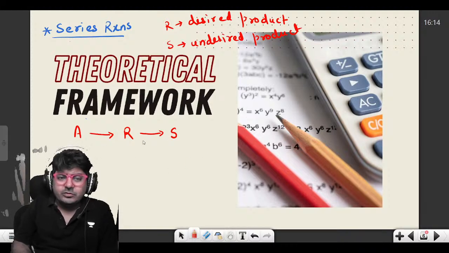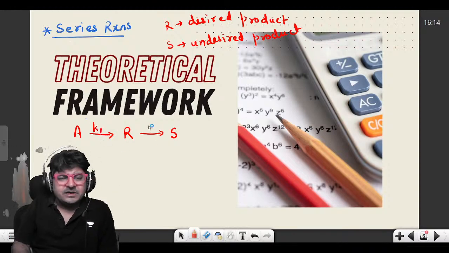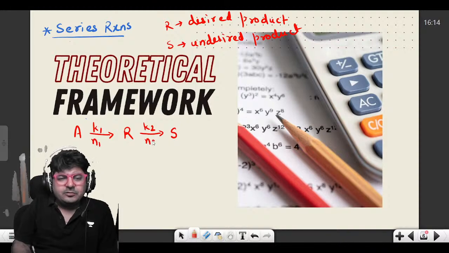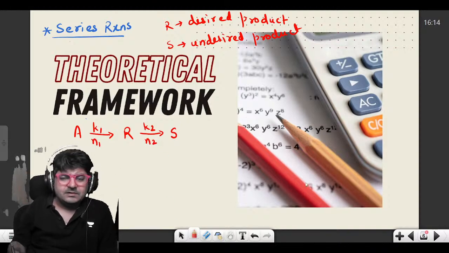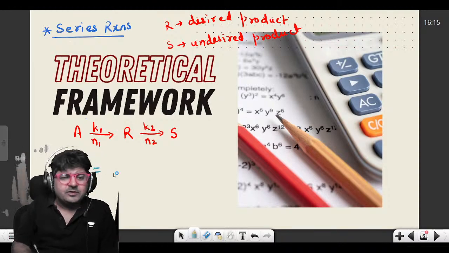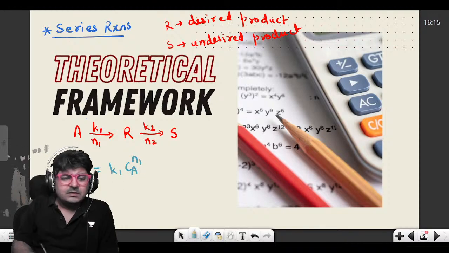So here you can see two reaction steps are there. For the first reaction step, let's say the rate constant is K1, for the second it is K2, and the orders are N1 and N2 respectively. If you have to write the rate equation, rate of reaction in terms of disappearance of A, minus rA, will be K1 CA power N1.